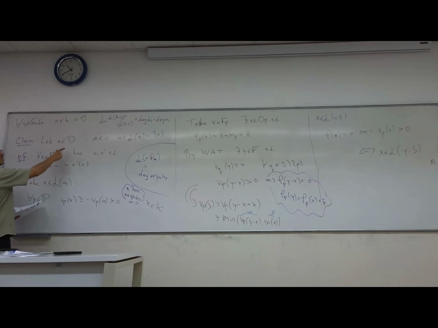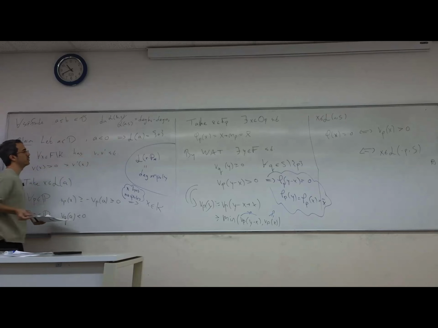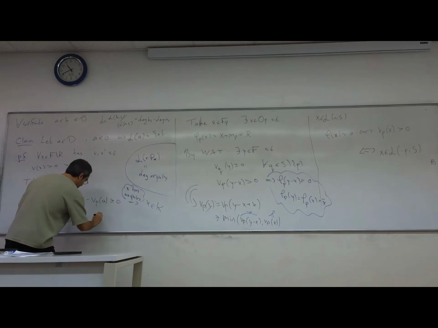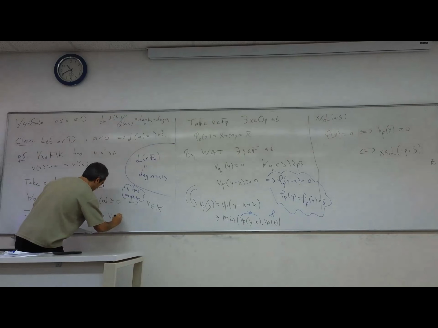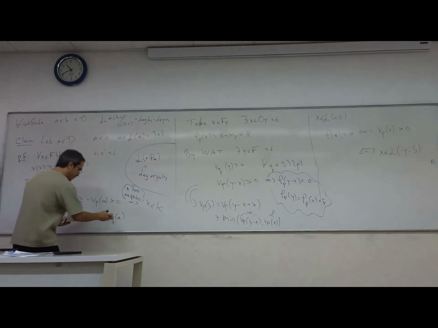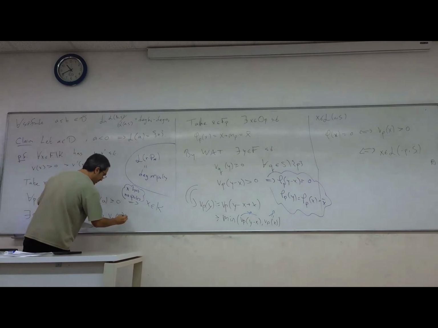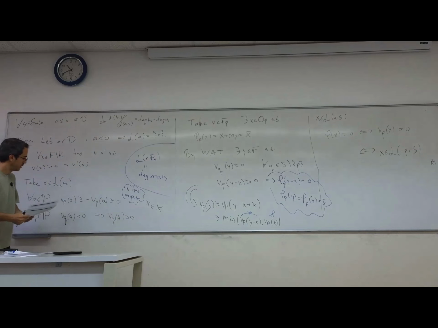But now let's use the fact that there is a q which is negative that we didn't use. So we also know that there exists a q in P such that vq of a is strictly smaller than 0, because otherwise this would have been a non-strict inequality according to the order of divisors. And so this means that vq of x is strictly larger than 0.